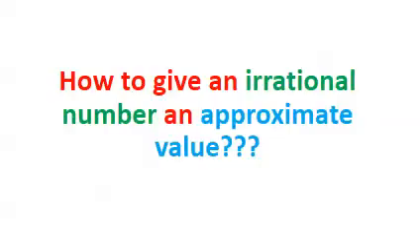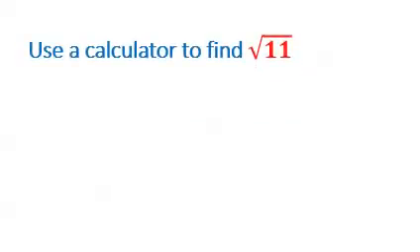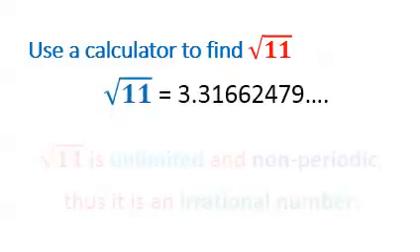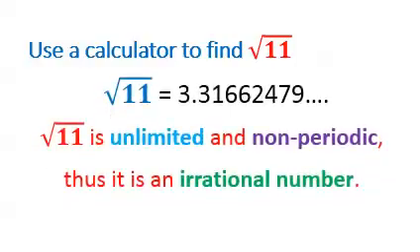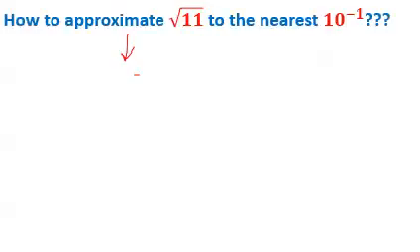Now, how do you give an irrational number an approximate value? For example, if you have radical 11, just use the calculator to find radical 11. It's 3.3166247. It's unlimited and it's not periodic. So how can I write this approximation? It's very easy.